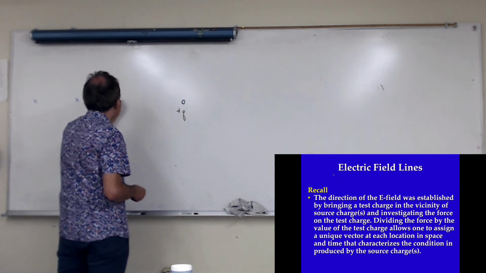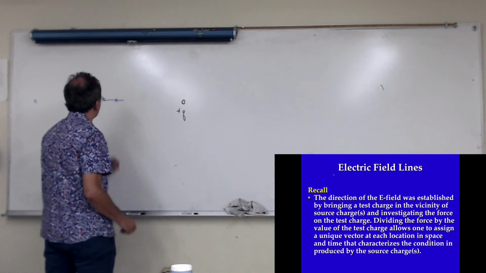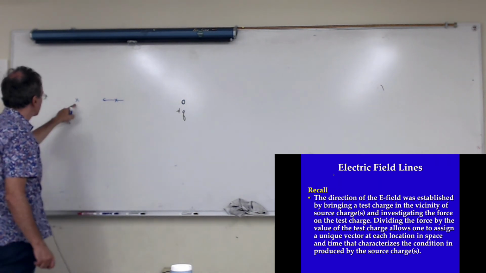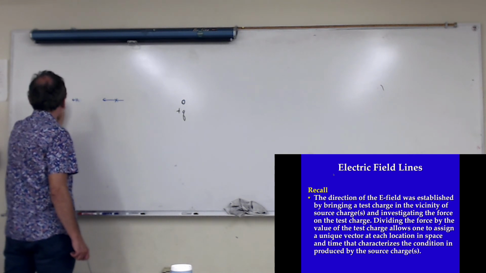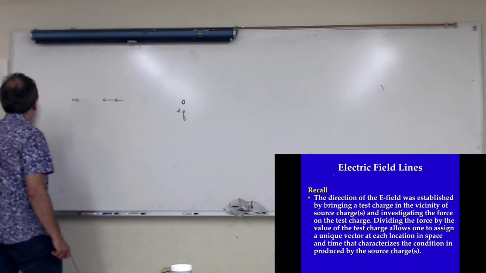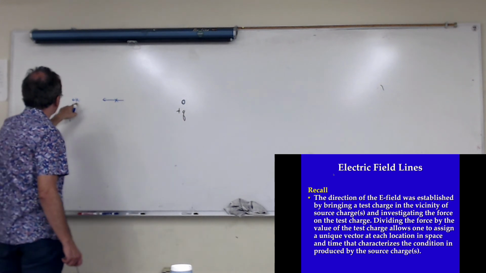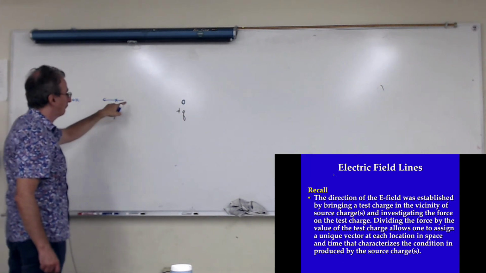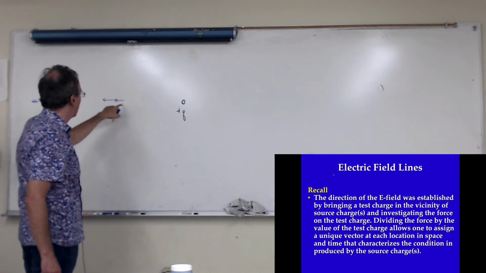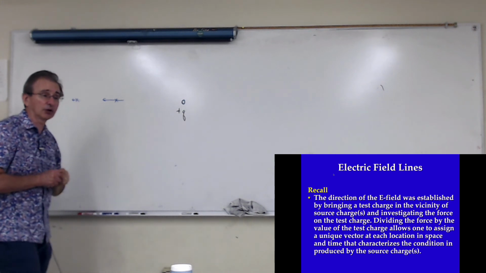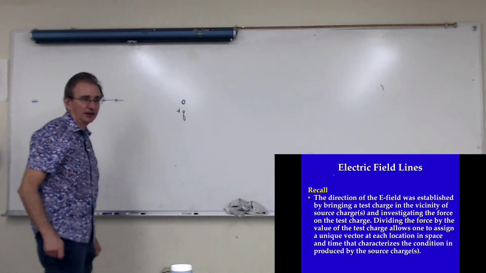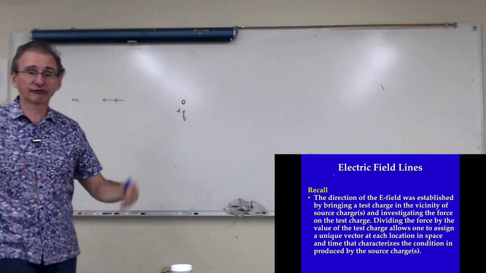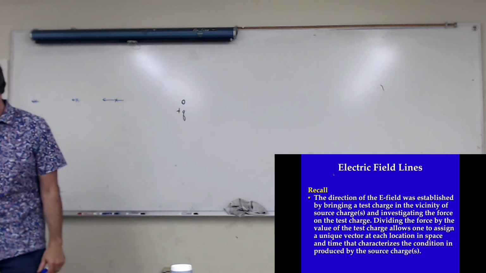I know it's going to be to the left. And I know this over here is going to be to the left, but it's going to be shorter because I'm further away. And this is going to be even shorter. These vectors uniquely define what the field would be at this location. So I can define a unique vector everywhere in space. I can do this over the entire board. Okay? That is by definition what a vector field is. And you would learn that in Calc 3.